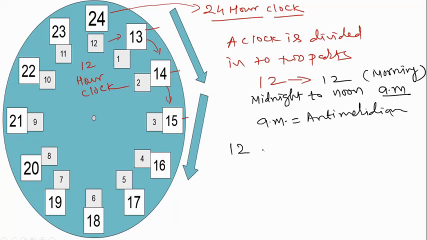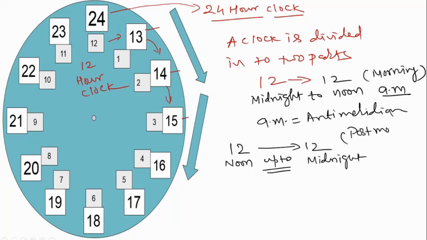And this 12 to 12, this 12 is noon and midnight up to, this is called post-morning. This is read as PM, post-morning, and in another way it is post-meridian.